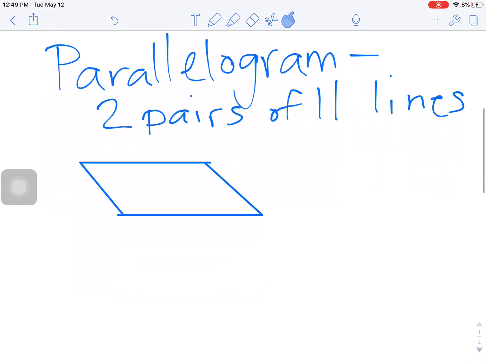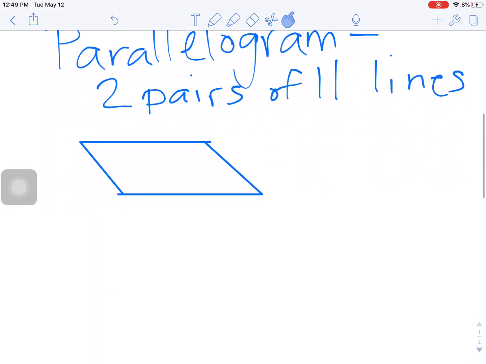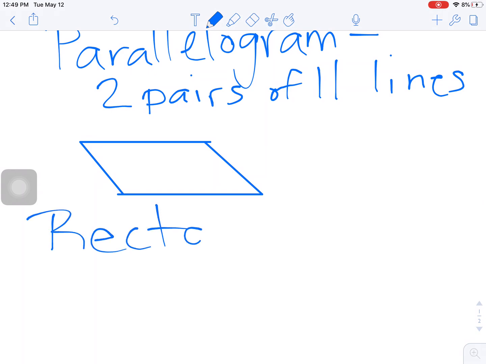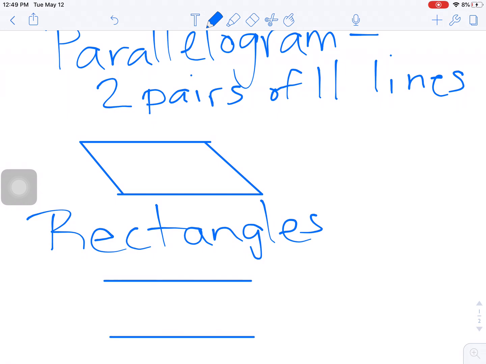So let's think about other four-sided shapes that we know. We know about rectangles. Let's look at what we know about rectangles. So if I draw four sides, and it won't be perfect. I'm going to try to make it perfect.